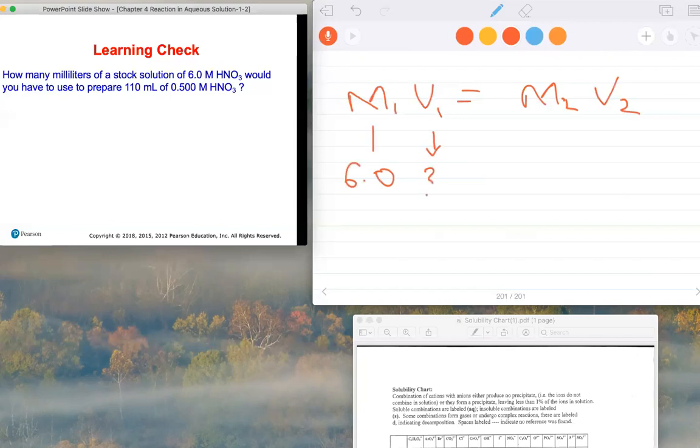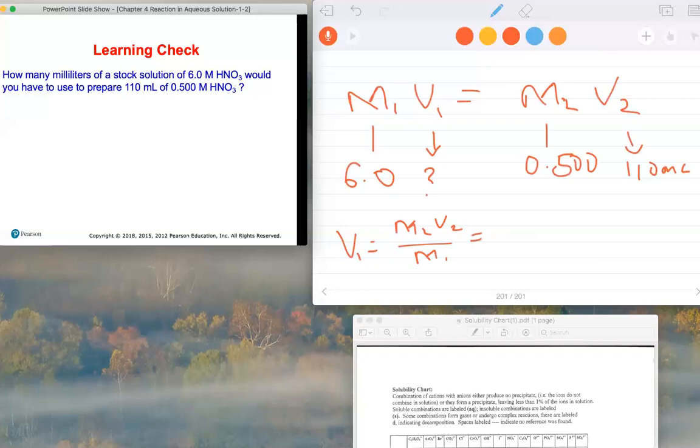M2 is 0.500, and V2 is 110 ml, which means V1 equals M2 V2 over M1, which is 110 ml, and use the units, times 0.5000 M over 6.0 M. Molarity goes away, we remain with milliliters.